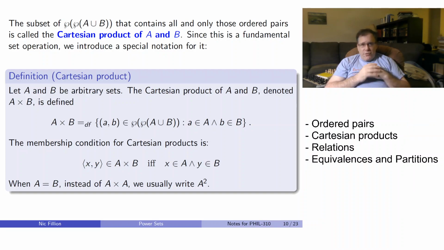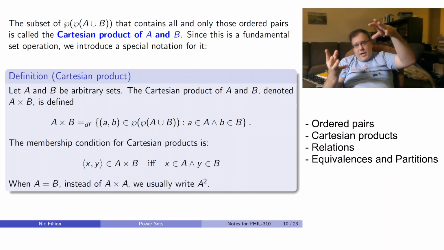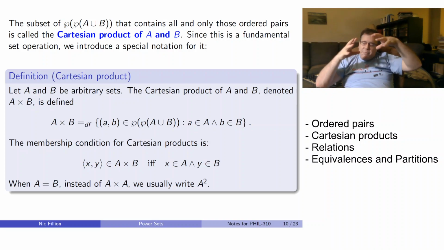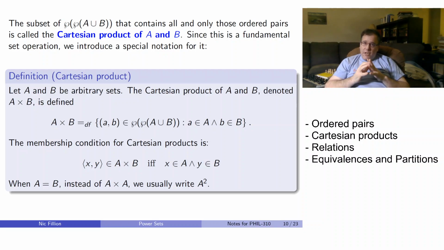So what we're going to do is take that set and apply to it the axiom of separation to get as a result a set that contains every ordered pair whose first member is in A and second member is in B and nothing else, right? And that set is going to be called the Cartesian product of A and B.